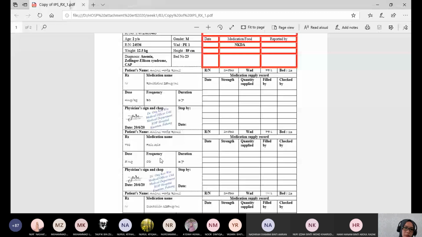Because it's about the calculation of the syrup. I want someone to try to calculate. How do you calculate? Because the doctors will only give you the dose. It's you who are supposed to calculate the volume to be taken by the patient based on the strength that you have.